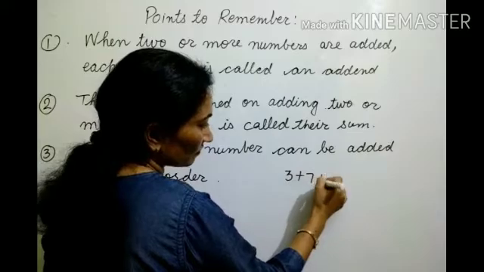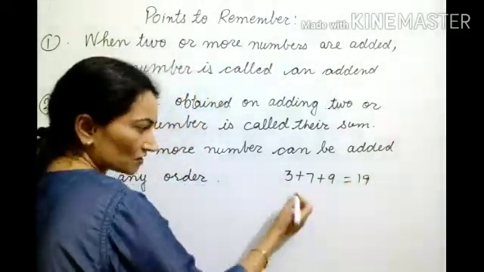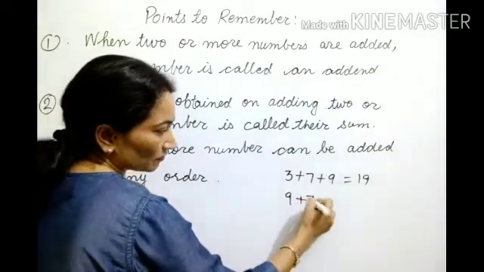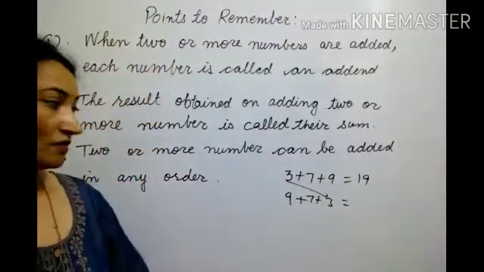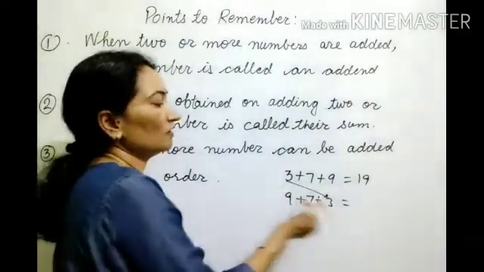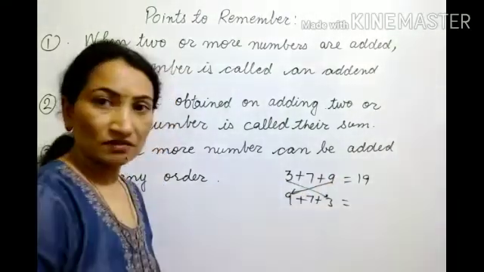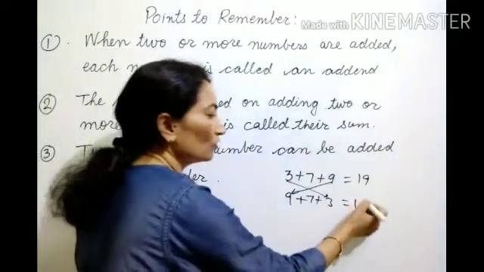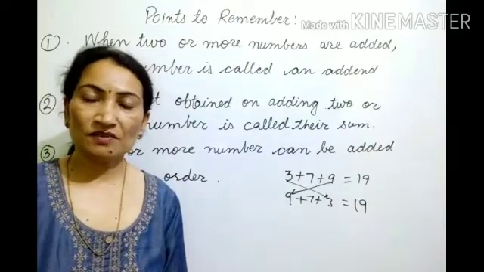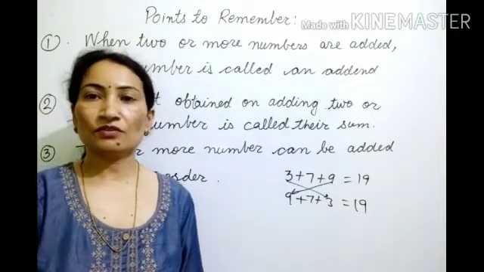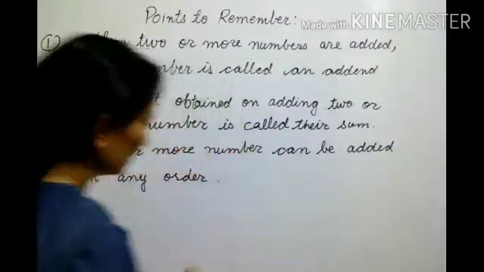Suppose 3 plus 7 plus 9, that will be 19. Okay, if we change, 9 plus 7 plus 3, we are changing the place of the number. First number on third place and third number will come on first. Then no change in answer, means in any order if we add the numbers there will be no effect on the answer. Clear? We can take any of the digit first to add.